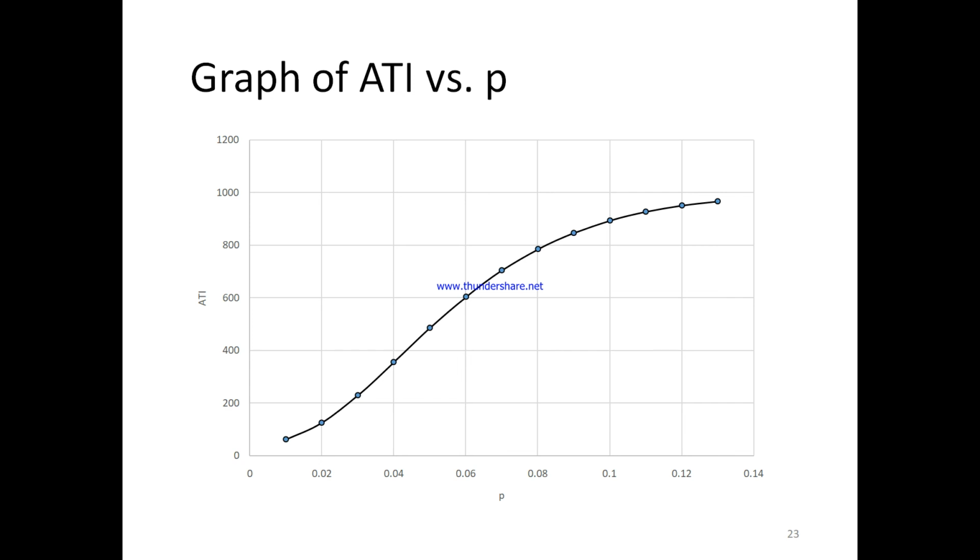Because actually what happens in the quality control field is, initially if you are using a single sampling plan, we are going to have a sample of 50 items.